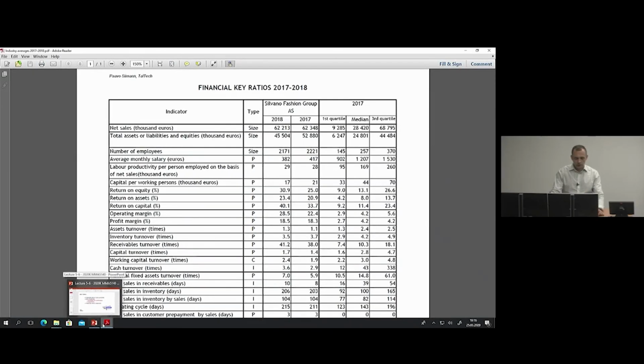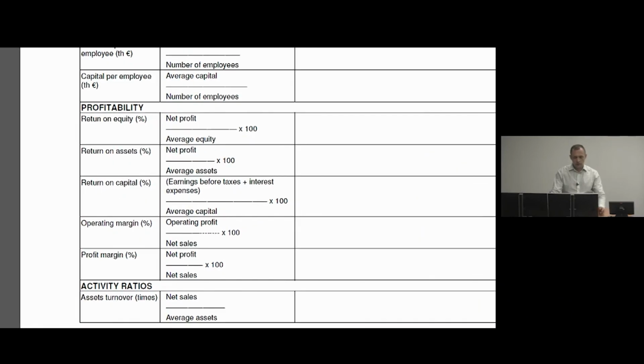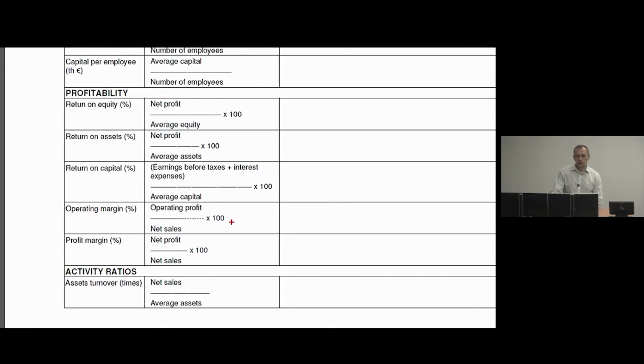It means that each euro invested to capital generated 40.1 euro cents as earnings before taxes and interest expenses. And by the way, earnings before taxes plus interest expenses is another way to calculate EBIT, as EBIT has many meanings in financial vocabulary.